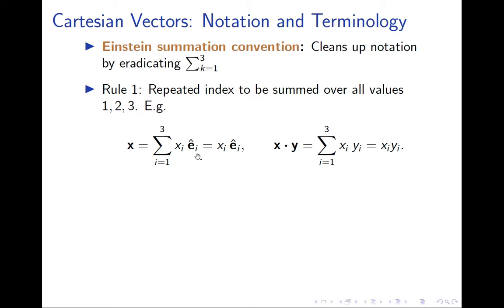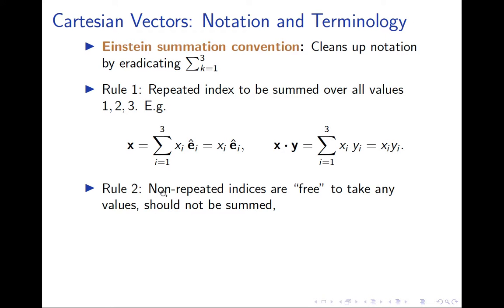So this is just xi ei hat. The fact that i is repeated already implies there is a summation. Similarly, the dot product, which we found to be xi yi, sum over i goes from 1 to 3. Because i is repeated, we can forget about the summation symbol because automatically it is implied.